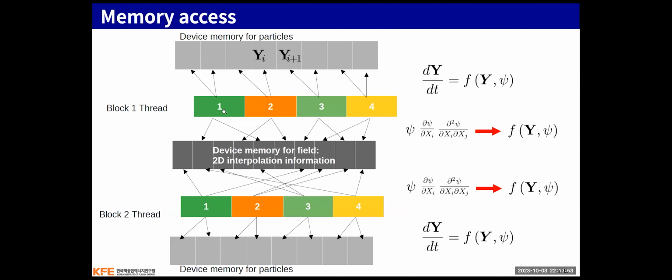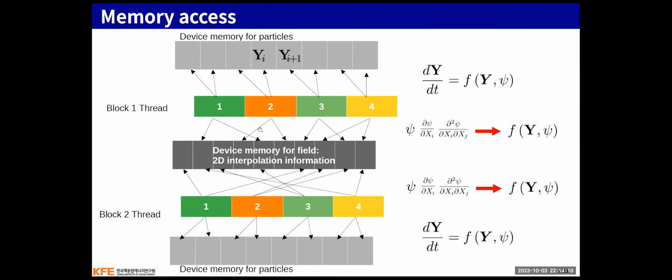This one is the memory access scheme. You can see there are many blocks, block 1 and block 2, and there are many threads, 1, 2, 3, 4, and the particle information is ordered on the memory. So first particle, second particle, third particle, fourth particle, and so on.